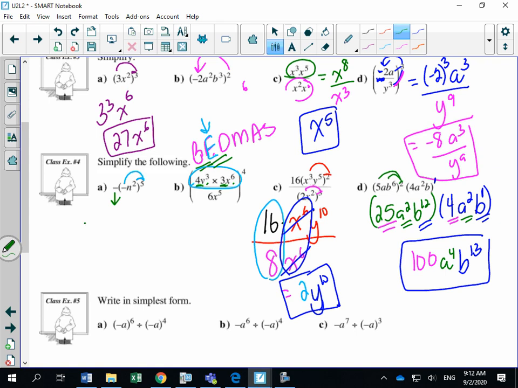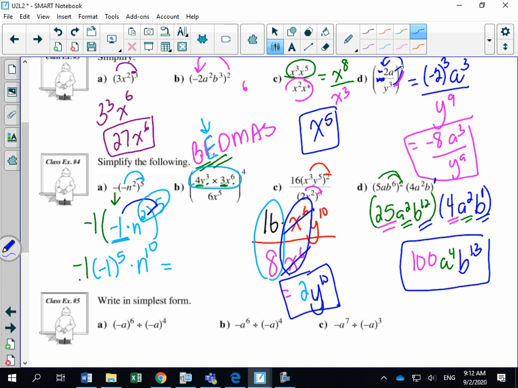In the bracket, I have a -1 times an n squared. That is all to the power of 5. So power to a power, and then -1 to the power of 5. So what I have is -1. Now remember this one, I'm going to write that in a bracket to the power of 5 times n. Power to a power is multiply, which is 10.